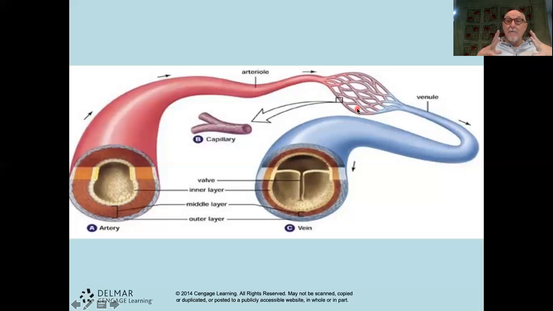The blood pressure becomes dissipated, and one of the ways in which that is accomplished is that the volume of the blood is reduced. What happens is that some of the serum portion of the blood actually leaks out of the capillaries, and it leaks out into these tissues surrounding that the capillaries are passing through.